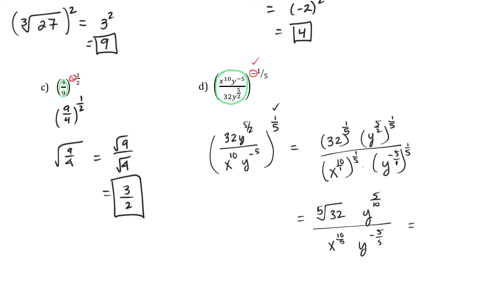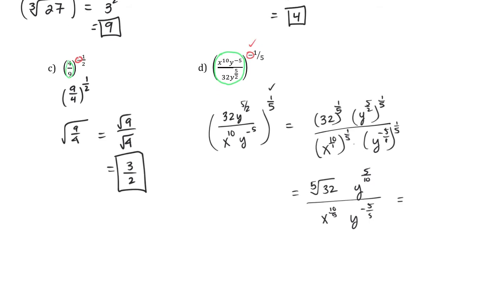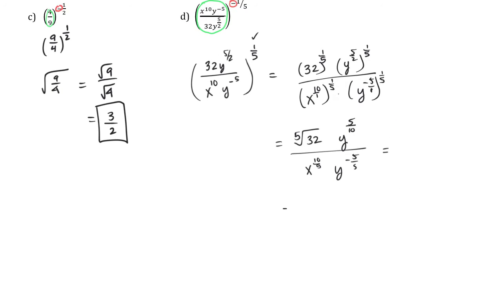The fifth root of 32 is 2, and that simplifies to y to the 1/2, x squared, y to the negative 1. Now I'm going to deal with my negative variable, and that allows the y to the negative 1 to move up into the numerator and be positive.